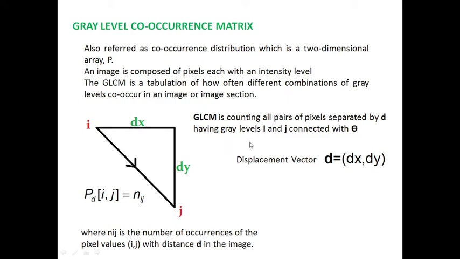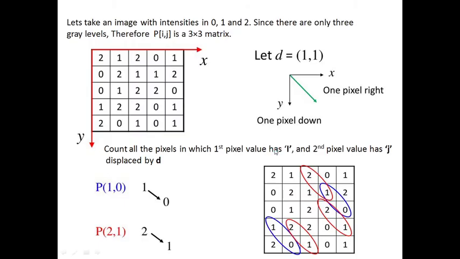Of course I didn't keep that in the slide. Okay, let's take this one. I have an input image of size 5 cross 5, and I need to find the GLCM from this input image. The GLCM matrix size will be n cross n.